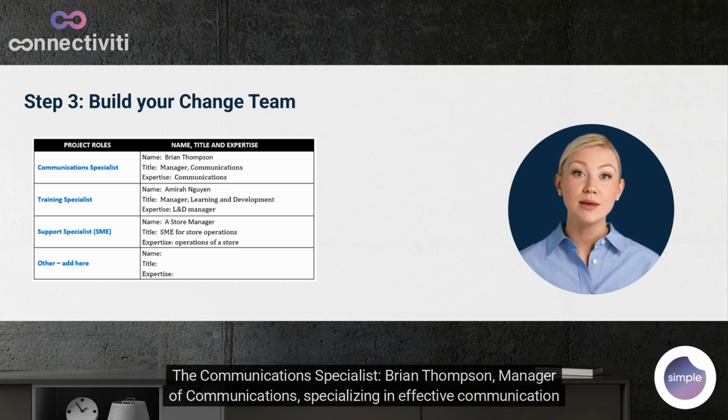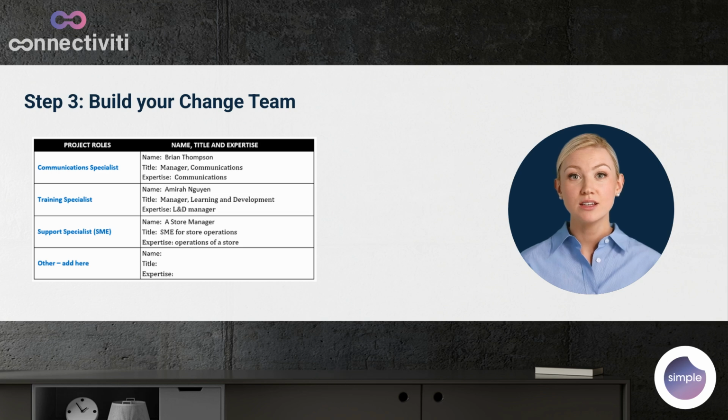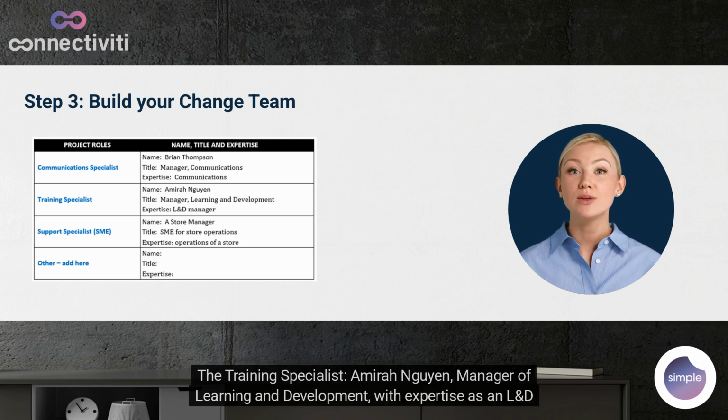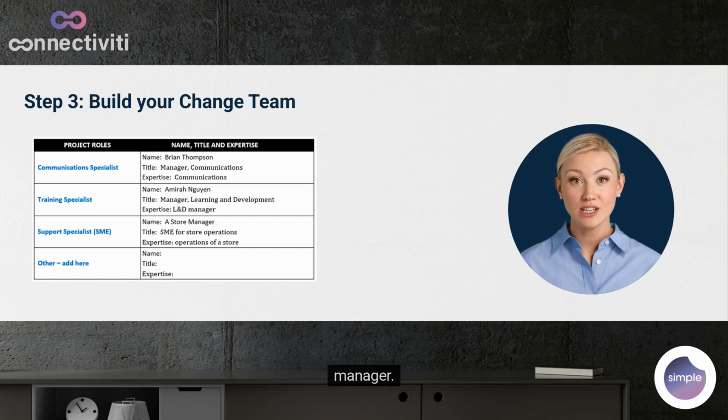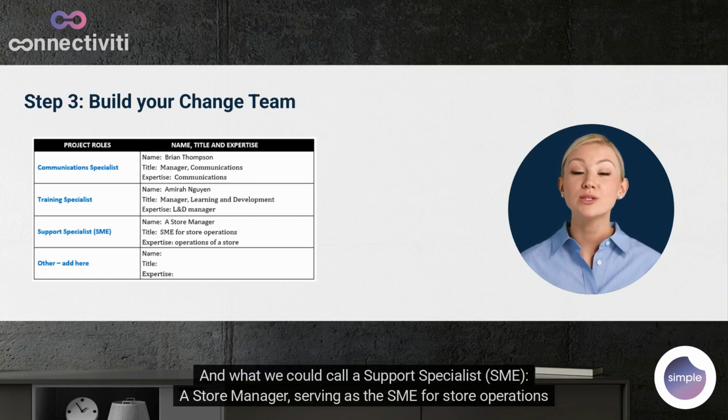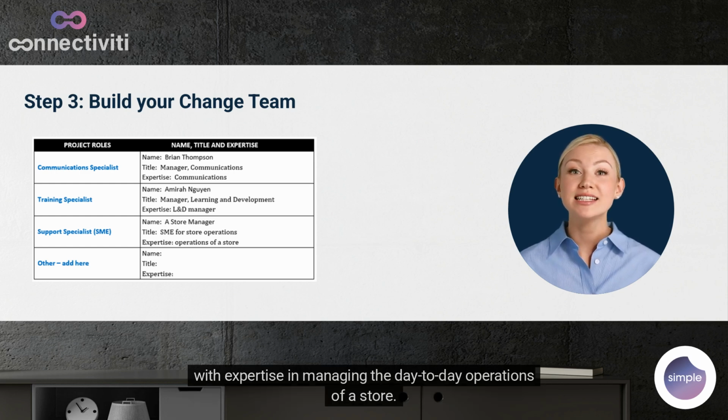The communications specialist, Brian Thompson, manager of communications, specializing in effective communication strategies. The training specialist, Amira Nguyen, manager of learning and development with expertise as an L&D manager. And what we could call a support specialist, SME. A store manager, serving as the SME for store operations with expertise in managing the day-to-day operations of a store.